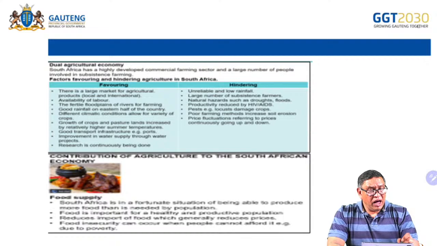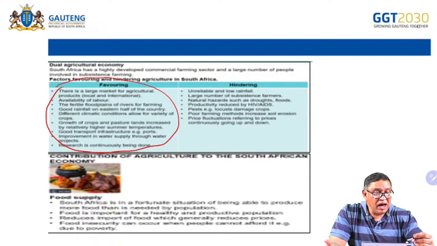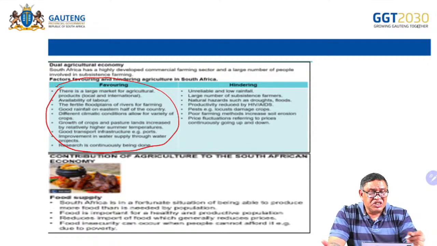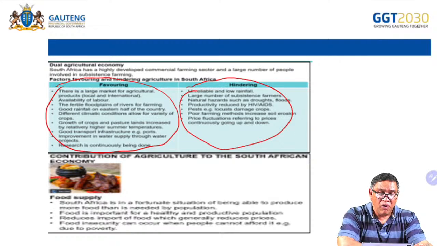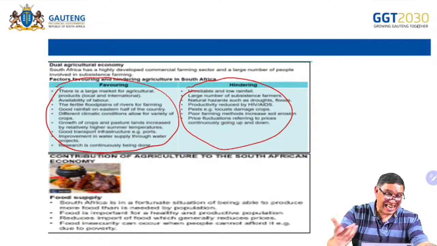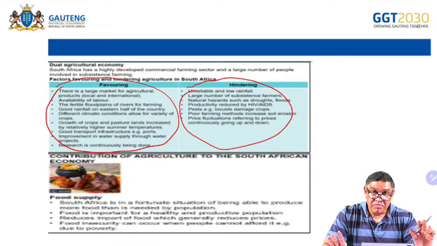Now, you'll notice factors favoring, like a market, fertile soil, floodplains, good rainfall on certain parts, proper research. And then factors hindering: unreliable rainfall, a large number of subsistence farmers, pests like locusts, etc. That's crop farming, but also the foot and mouth disease that hits cattle can kill them.